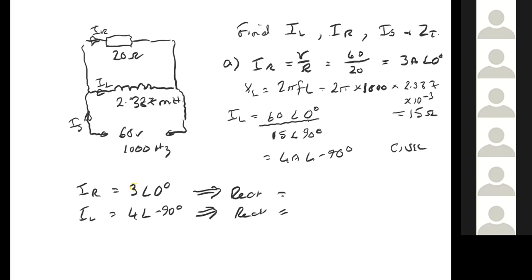So this IR one, because the angle's 0, it must be 3 plus 0j. Because this is minus 90 degrees, there must be no horizontal part and a minus 4j. Everybody follow that or not? If you need to use your calculator to check that, please do.